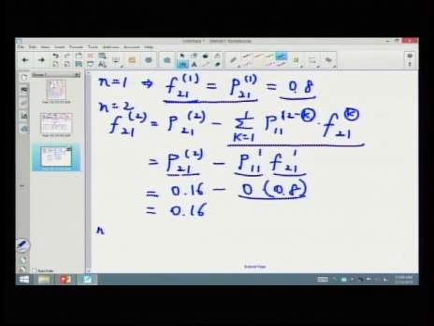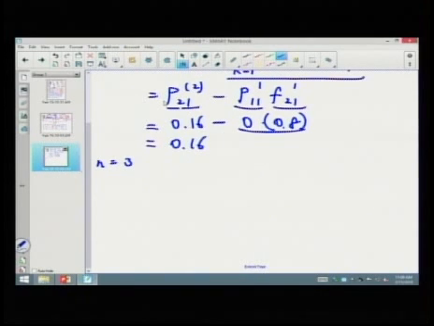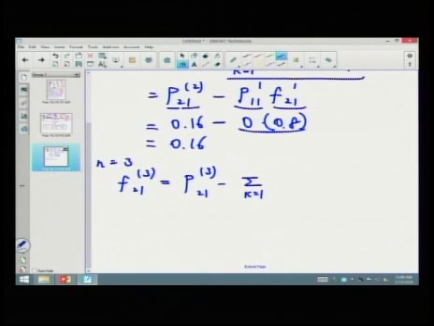So let's keep going. If n equals 3, then what do we have? It's going to be f21, 3 equals p21, 3 minus sum over k equals 1 to 2 p sub 1, 1, 3 minus k, is that right? Times f21 to the power k.